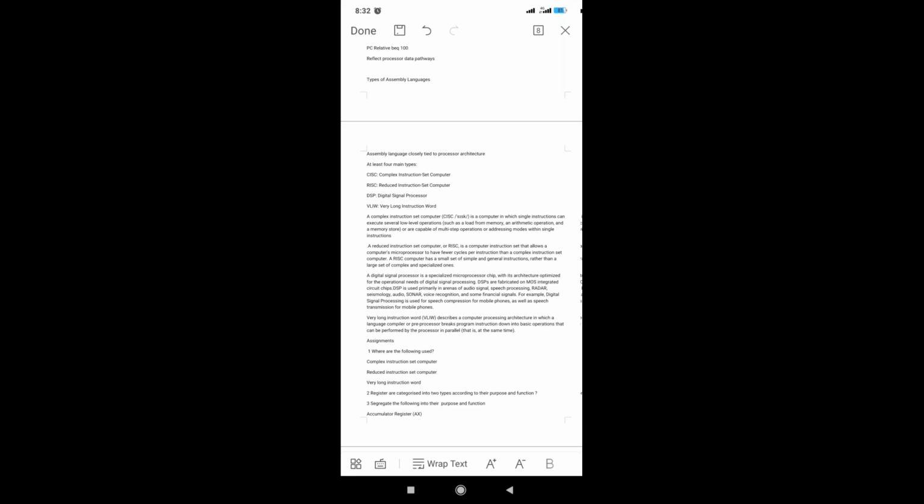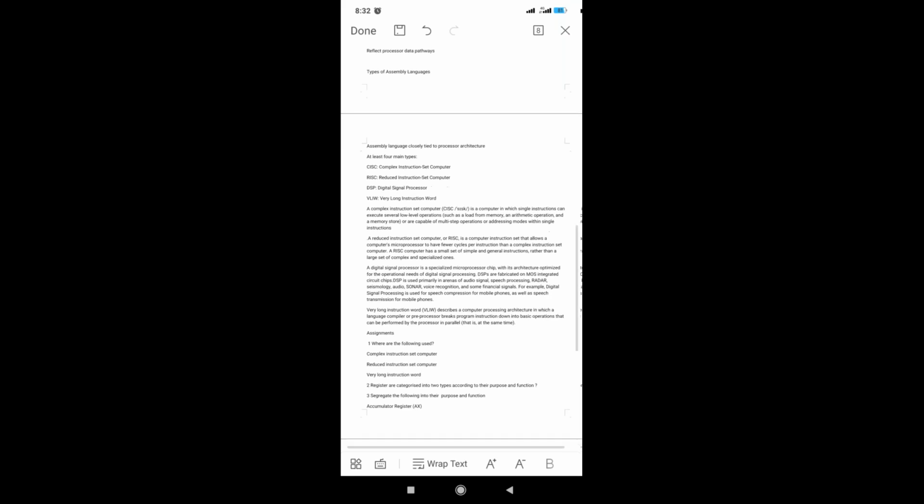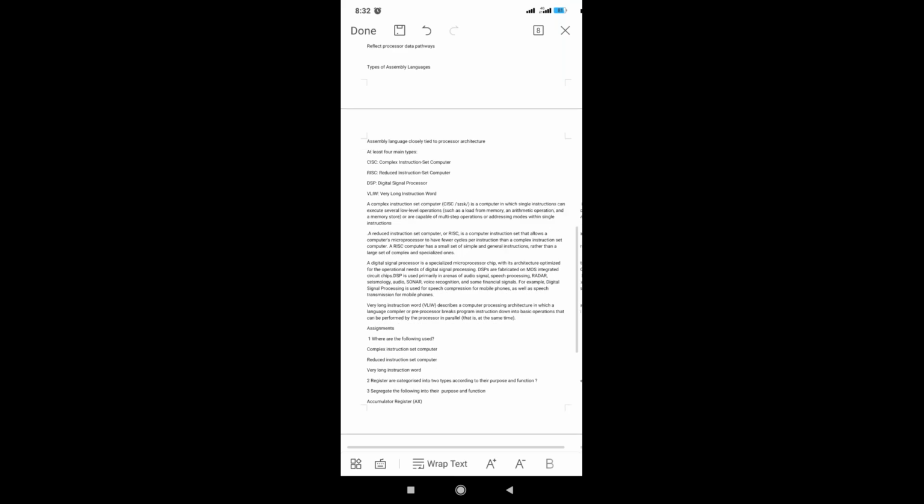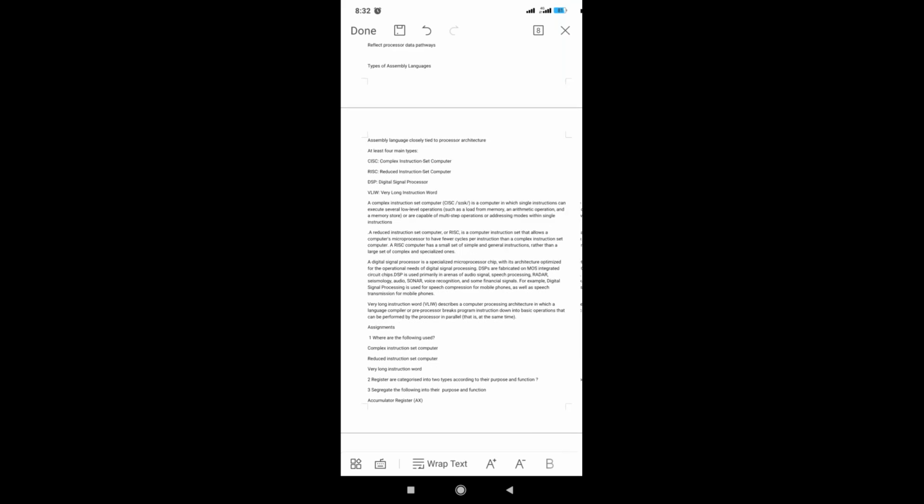Understand that digital signal processors are what you can most of the time find in your antennas, which are used for audio signals. These are the type of assembly language microprocessors which you find here.